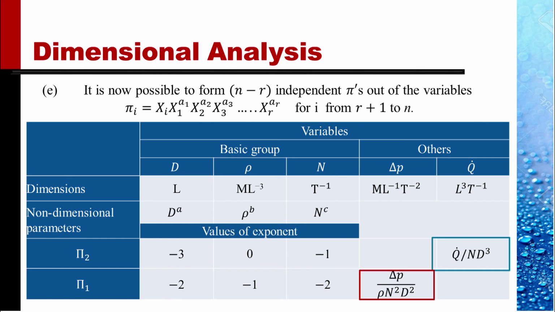The first, we look at what we have formed with the dependent parameter delta P. The powers a, b, and c are found to be -2, -1, and -2, so that delta P divided by rho n squared d squared is a pi number.